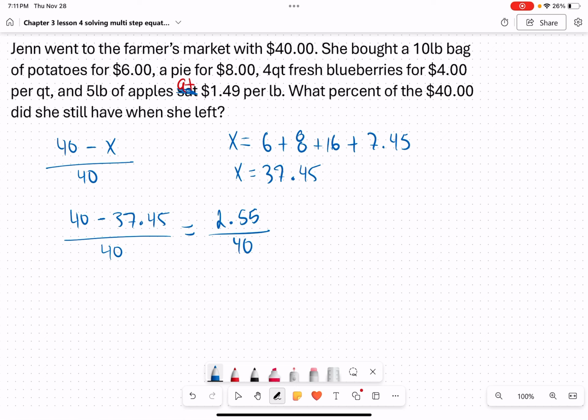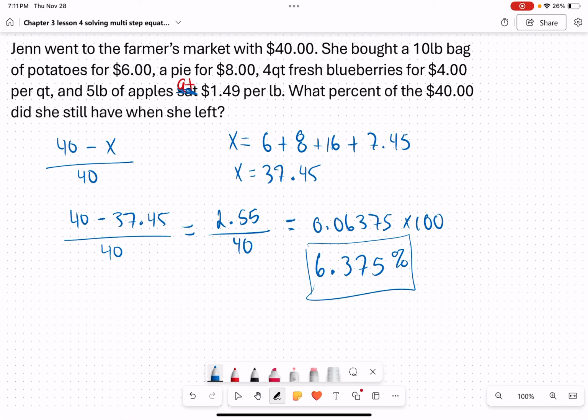And that is going to give us 0.06375. But that's not our percent just yet. We need to multiply that by 100 to get the percent. And that's just going to be 6.375%. And that is how much she still had after she left the store. That is 6.375%.